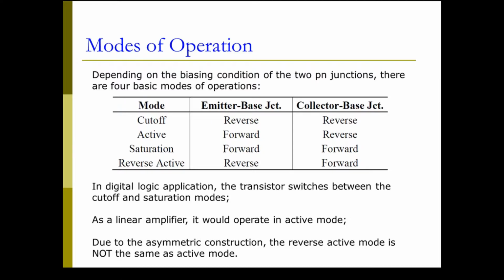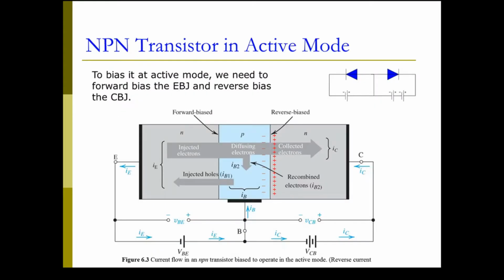Okay, let's focus on the active mode of the BJT. For example, if this is an NPN transistor in active mode, we will bias the EBJ at forward bias condition. Which means from base to the emitter, the PN junction barrier will be cancelled by our bias voltage.